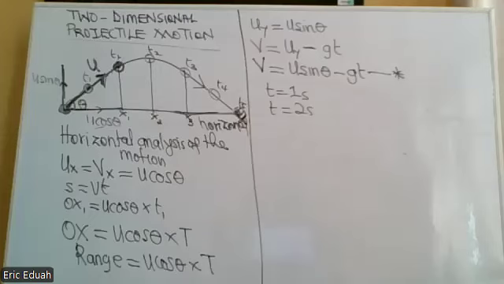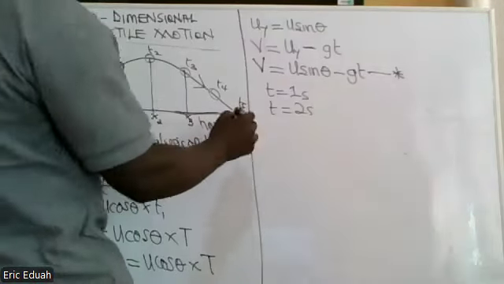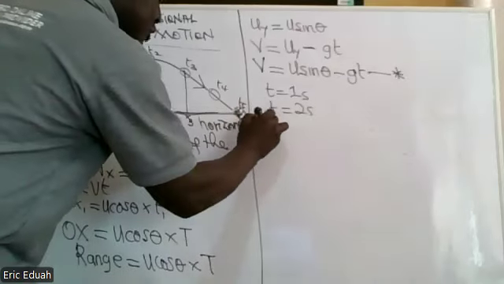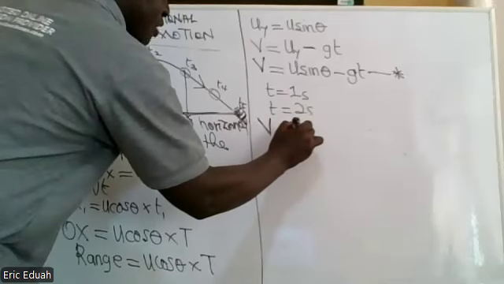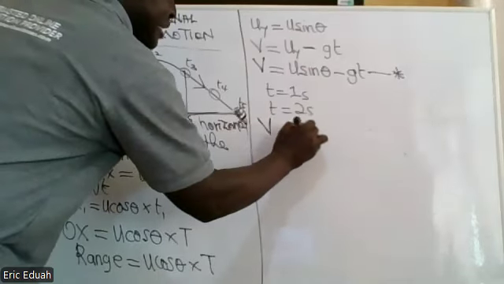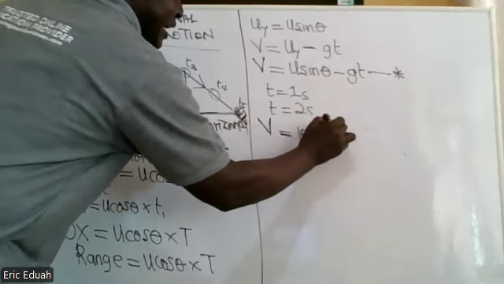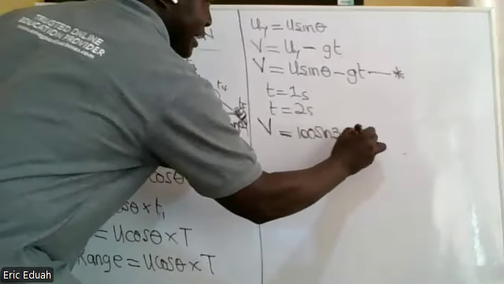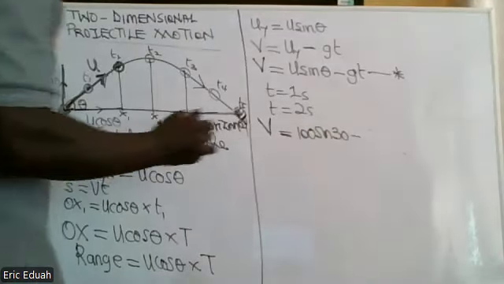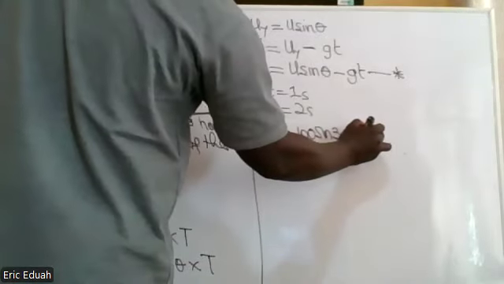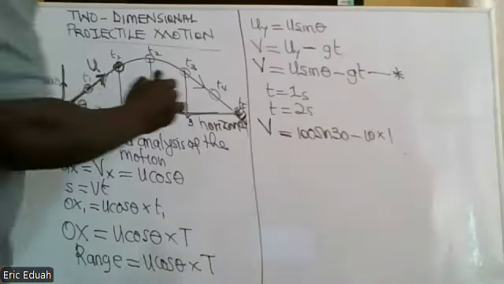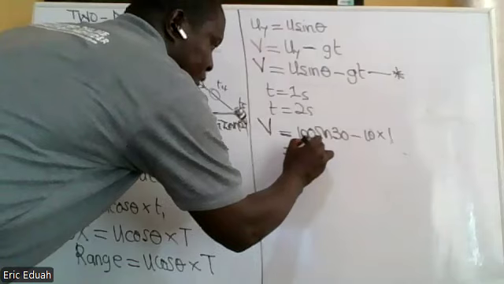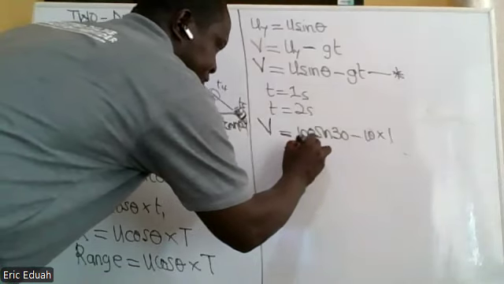Okay, let's see. So velocity after 2 seconds, we'll have 100 sine 30 minus, gravity is still 10, 10 times 1. Sine 30 is half. So we have 100 times half, 50.